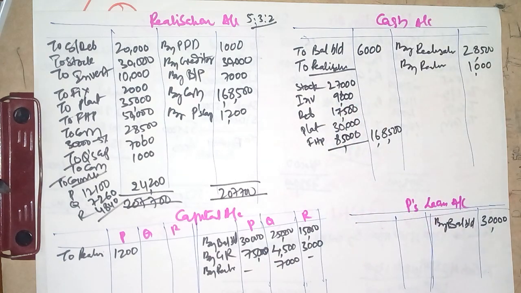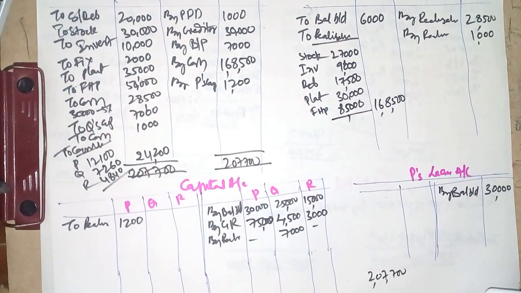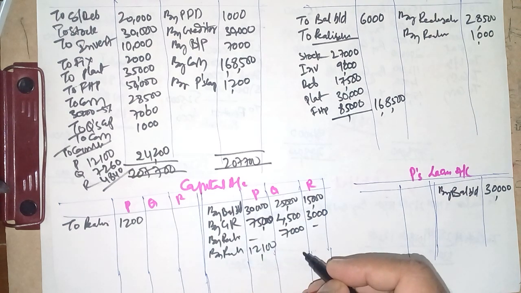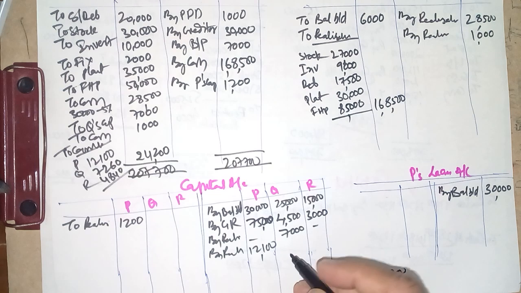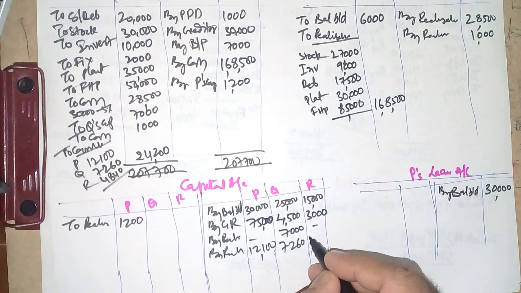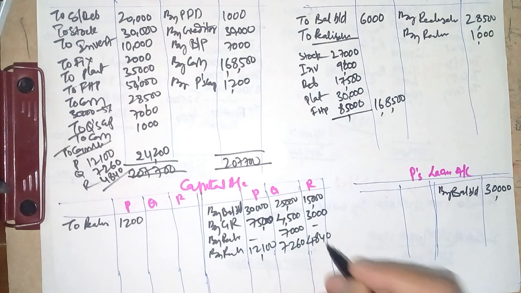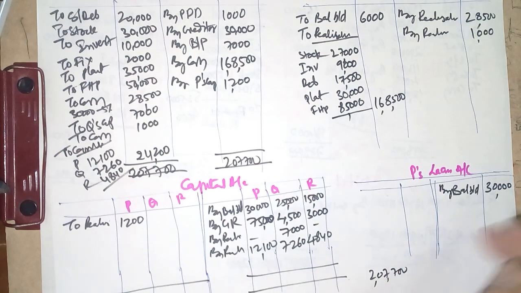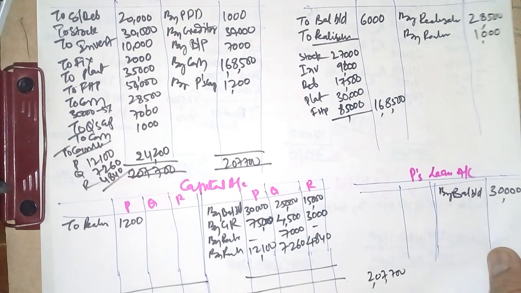This segregation we have done, dividing the profits among the partners, and this will be credited by realization, right? So 12,100, 7,260, then 4,840.